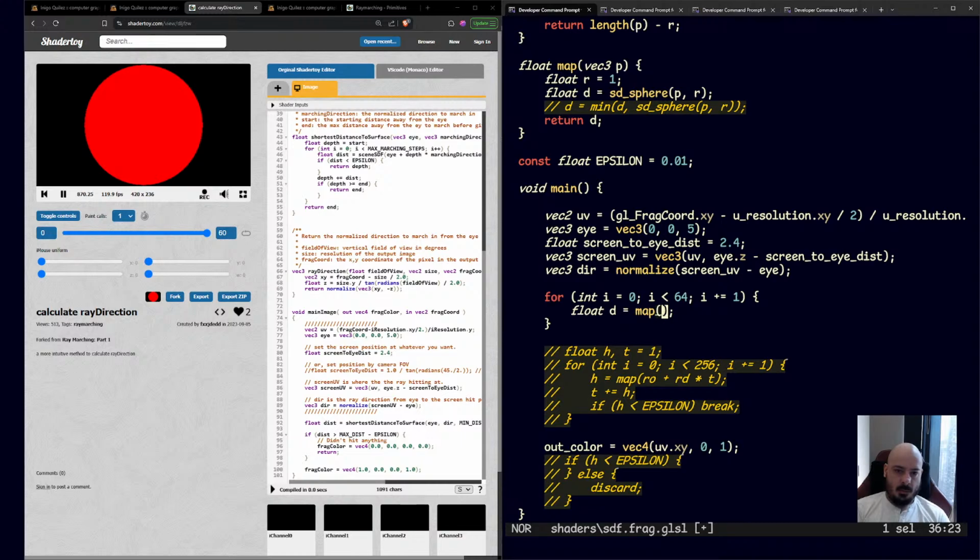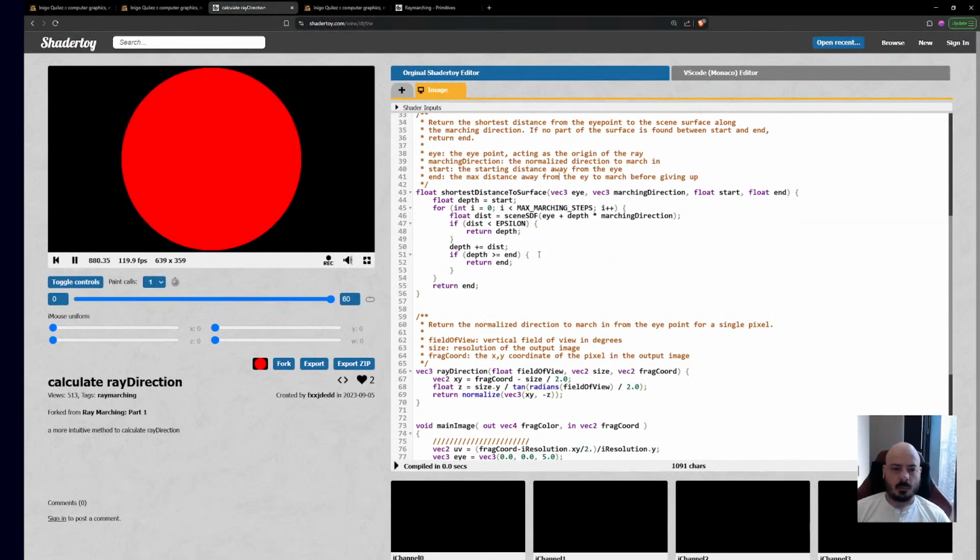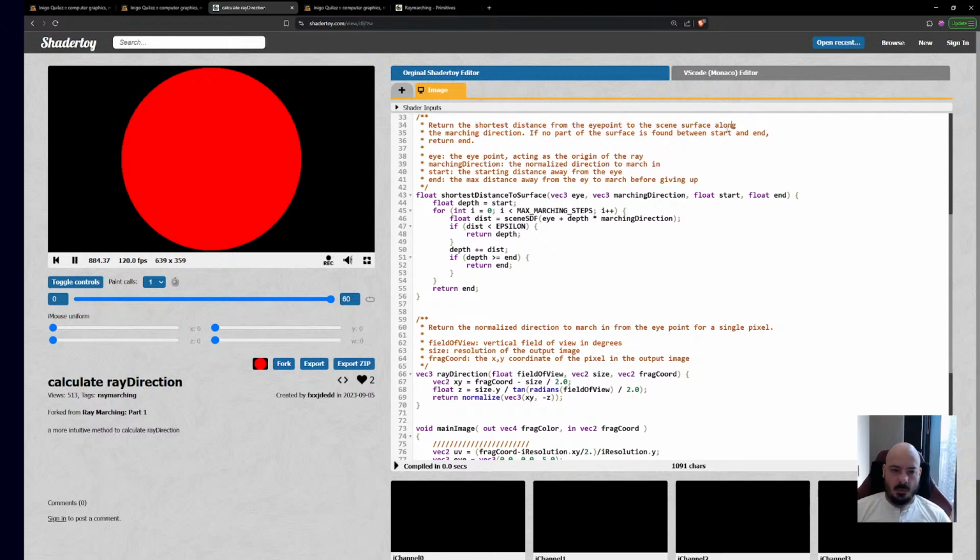What are we doing here? Map. Let me read this. Return the shortest distance from the eye point to the scene surface along the marching direction. If no part of the surface is found between start and end, return end. Okay, this is the ray origin. This is the direction to march in. This is the start.